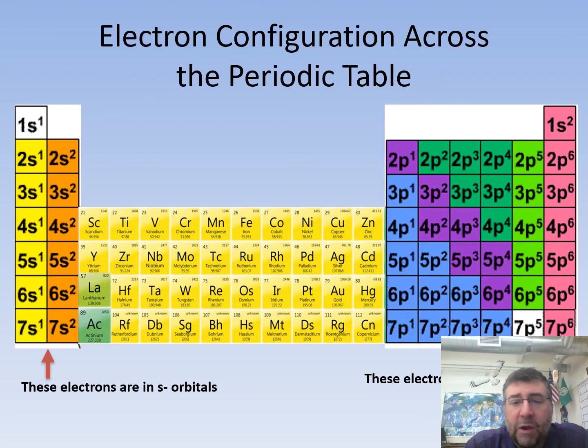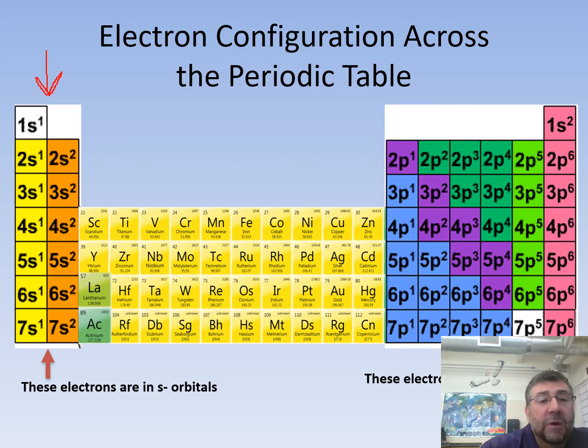When you look at a periodic table, you can actually figure out exactly how many electrons are in that orbital by simply looking at its location. So the periodic table is actually designed to tell you where its electrons are. The first 2 columns here are your s orbitals. So that tells you how many electrons are located, and it's basically telling you where the last electron is located.